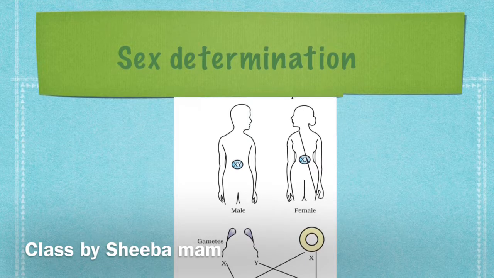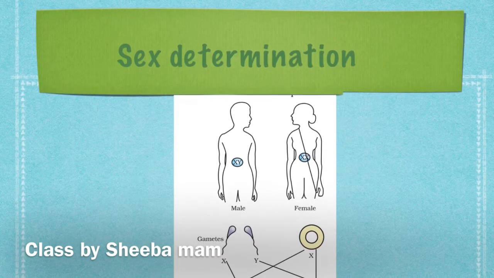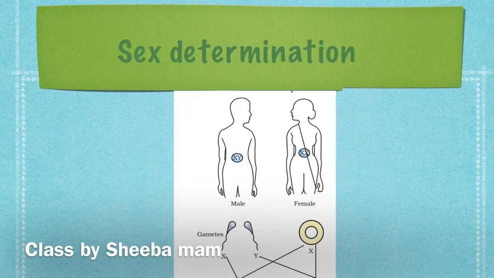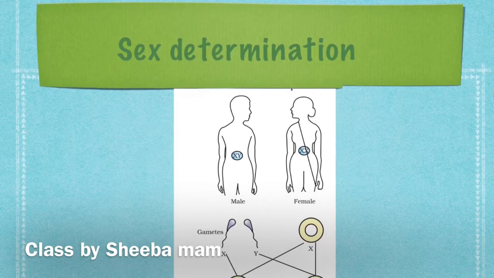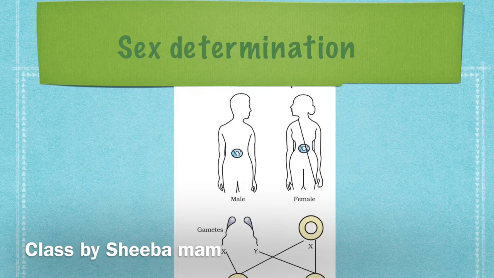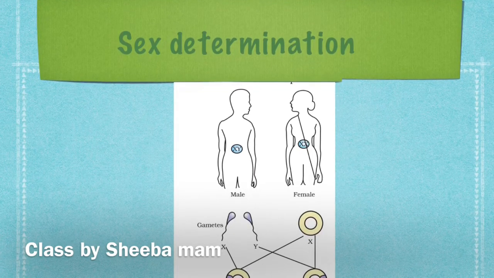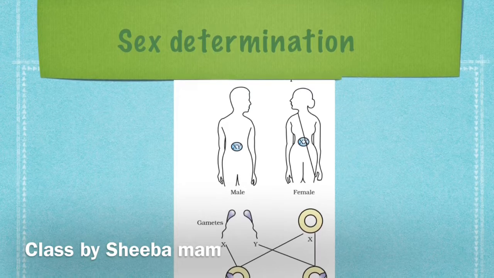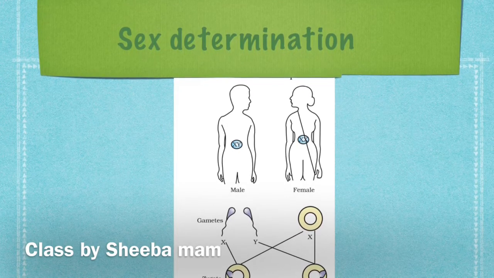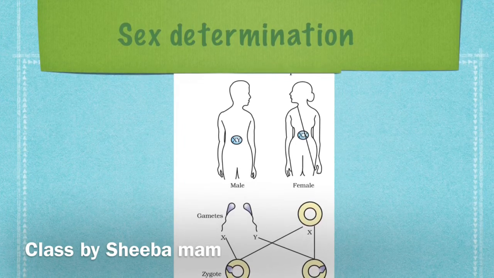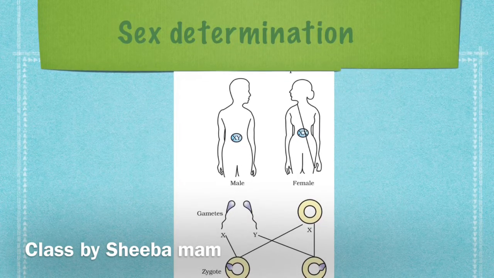Now let us study how the sex of the child is decided. The sex of a child is decided as the zygote is formed. It is determined by the chance fusion of an egg and a sperm. Since females are XX, as a result of meiosis during the formation of gametes, all the eggs contain a single X chromosome.